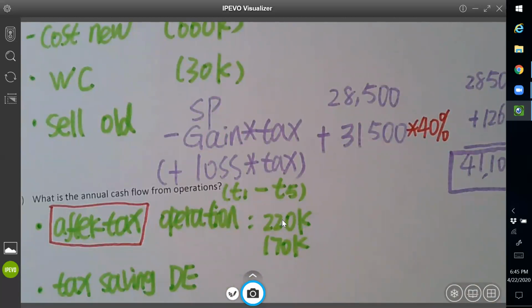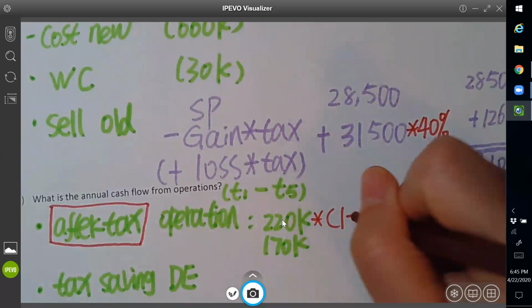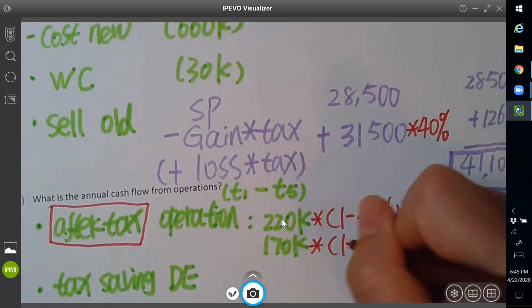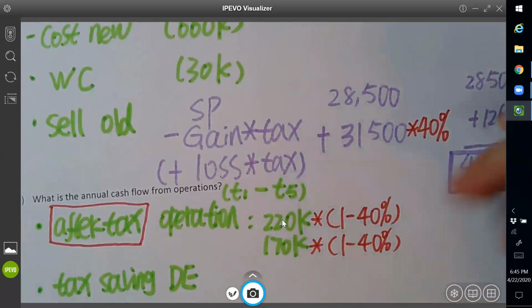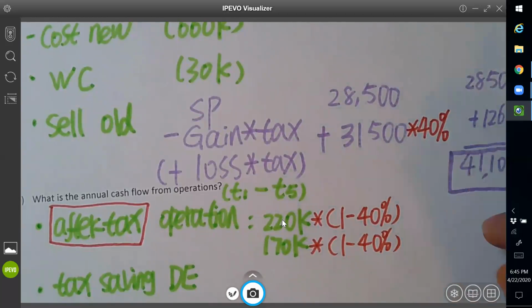So what's the after tax? After tax is 1 minus tax. All the others are just tax. This is the only time you have 1 minus tax.